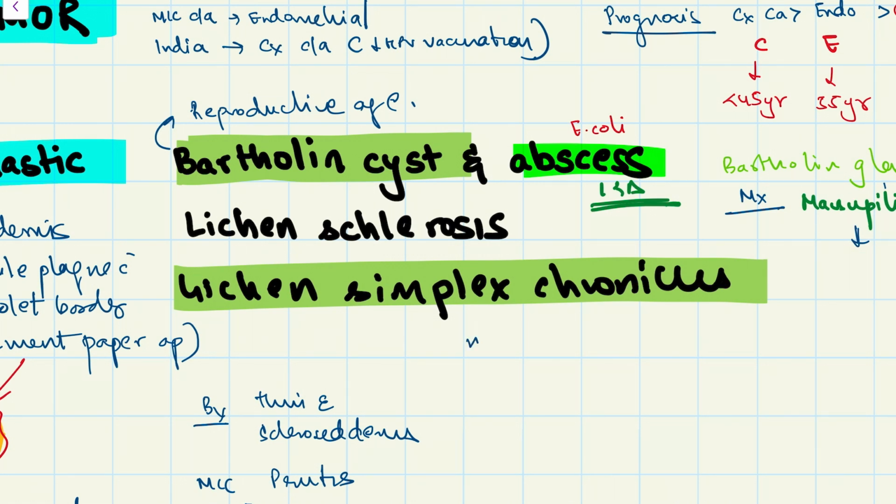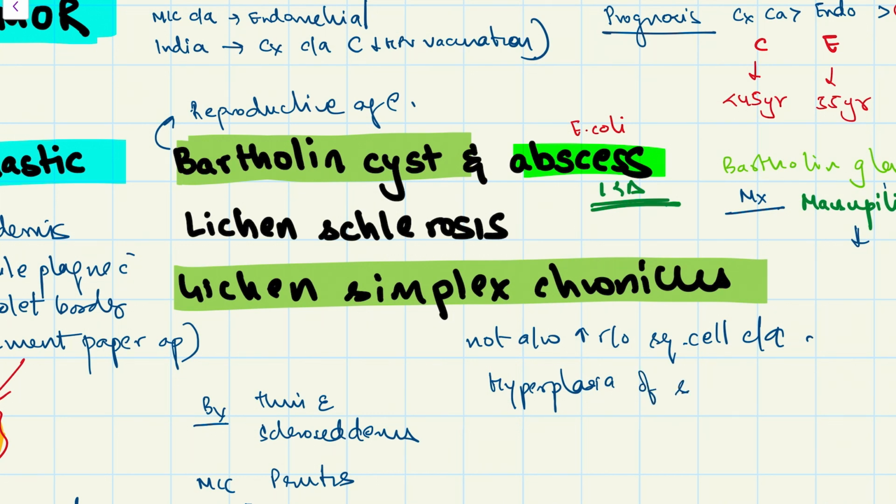Next, we'll be studying lichen simplex chronicus. So, it is not associated with increased risk of squamous cell cancer, unlike lichen sclerosis. It is nothing but hyperplasia of the squamous epithelium.